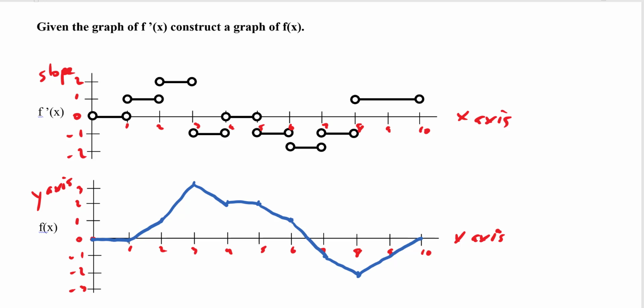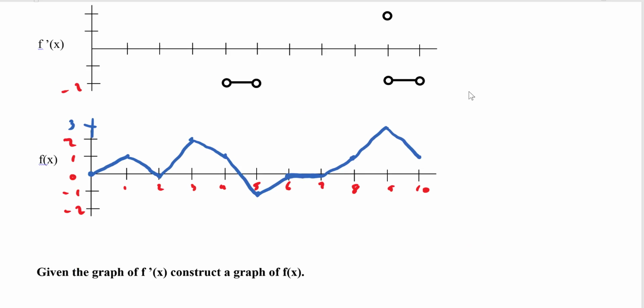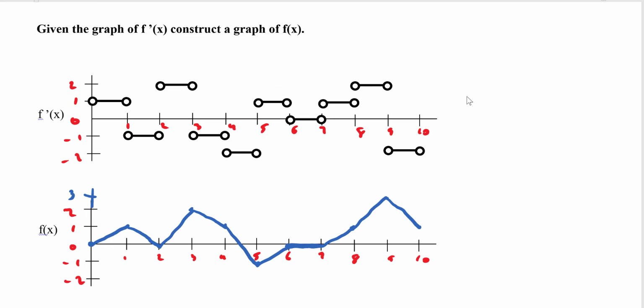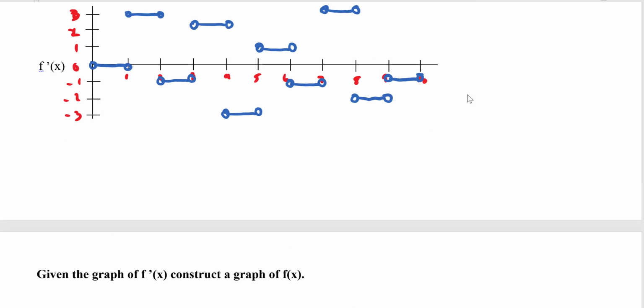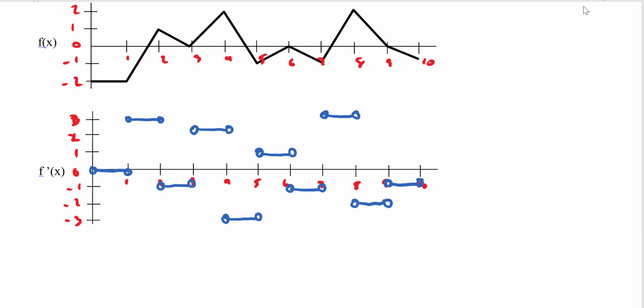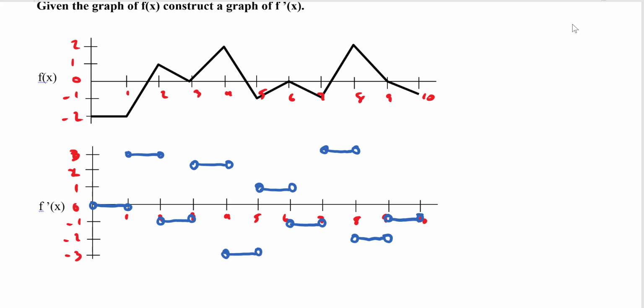If I go back to this right here, if I gave you a slope that was continuous, let's just say from 7 to 8 it looked like this, a solid line like this.